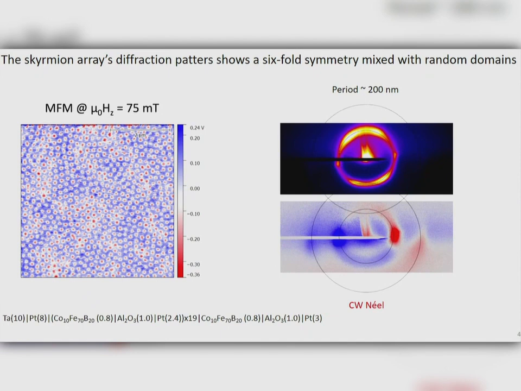But the fact that we have a full ring means that these are dislocated in different parts. So the ring tells us that the domains are quite disordered and that they fill all this space in the reciprocal space. And when we calculate the asymmetry ratio that I showed you before, we can tell straight away that we have clockwise Néel skyrmions.